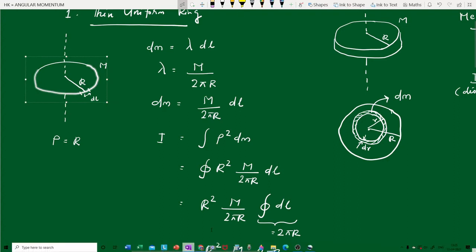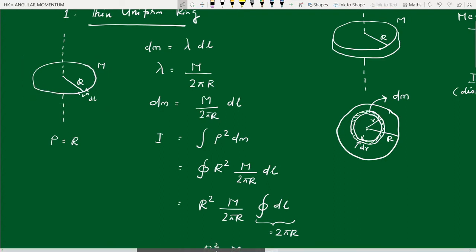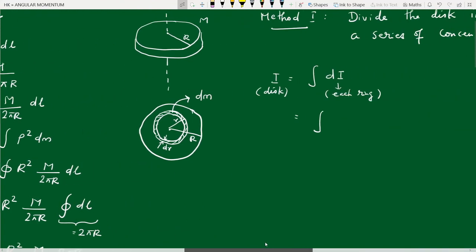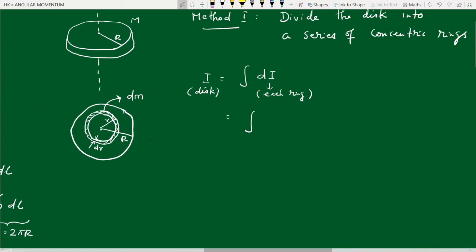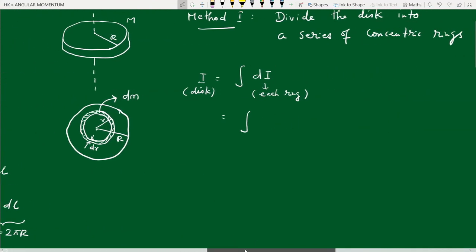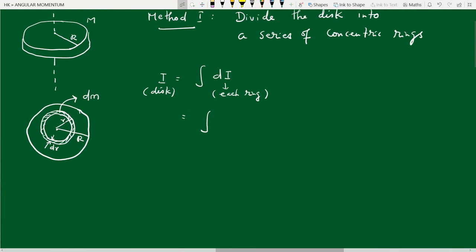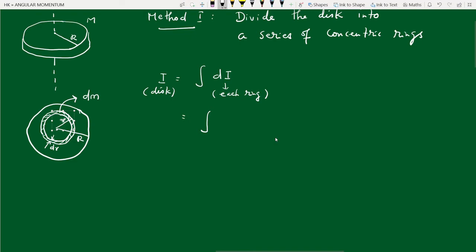So here in this particular case of the disk, our ring has mass not capital M but dm, and its radius is r. So what is the moment of inertia dI? dm into r square.